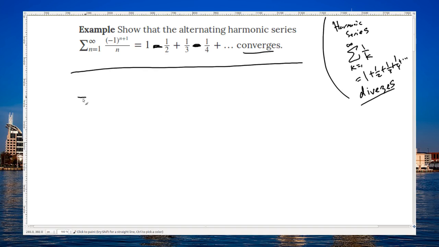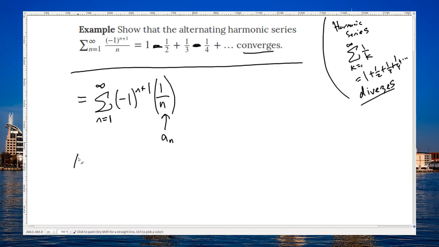All right? All we have to do, we can rewrite this just a little bit to see that this is an alternating series of the form. We have a (-1) to the n plus or minus some k, and then we have our terms 1 over n. These are my a_n. So all I need to do for the alternating series test is to say, what is the limit as n goes to infinity of my 1 over n's?